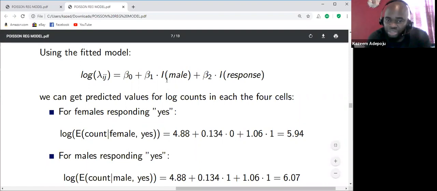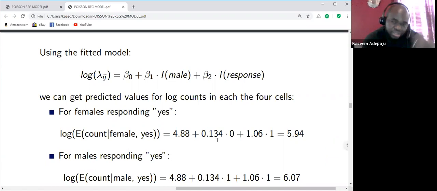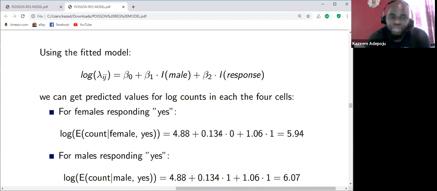I told you this is an indicator: male equal to 1 means male, and male equal to 0 means female. I'm going to plug in 0 here because I'm talking about female, and yes is coded 1, so I'm going to put 1.